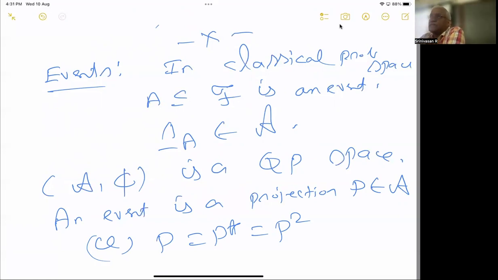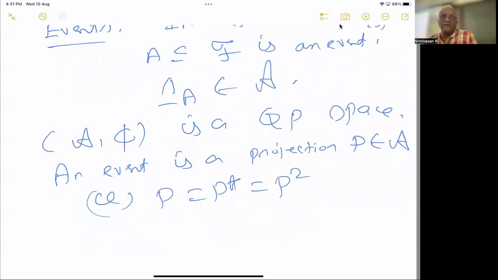Which is the range of P. That is all those x in C^n such that Px equals x. I hope you all know all these things. We will be doing projection again for the regular space, the same thing. But that's the definition of projection.